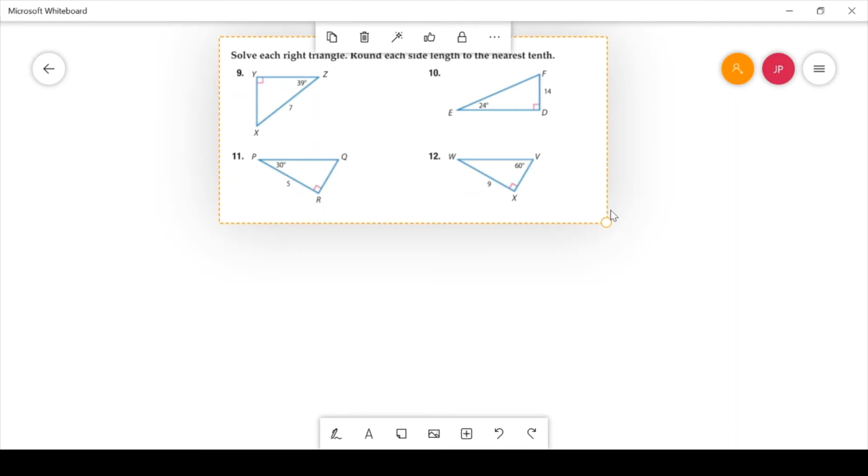So we've got 39 and 90. So you've got 129 degrees between the two of them. Then you take 180 minus that, and you get 51. So angle X equals 51. That's the first thing out of the way.